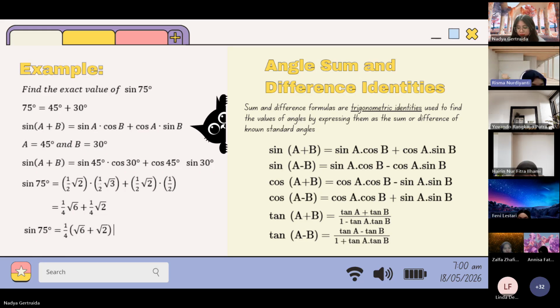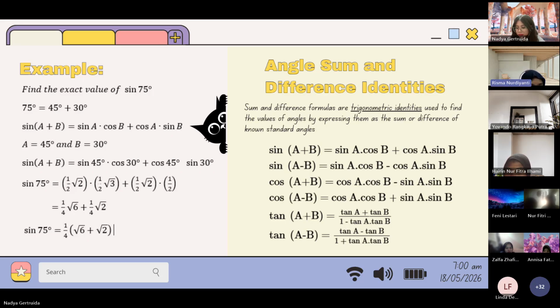Sine of 75 degrees equals (half times the square root of 2) times (half times the square root of 3) plus (a half times the square root of 2) times (a half), which is equal to a quarter times the square root of 6 plus a quarter times the square root of 2.